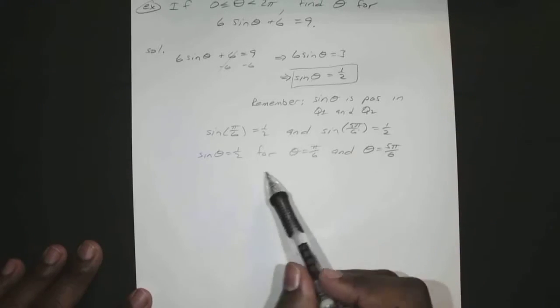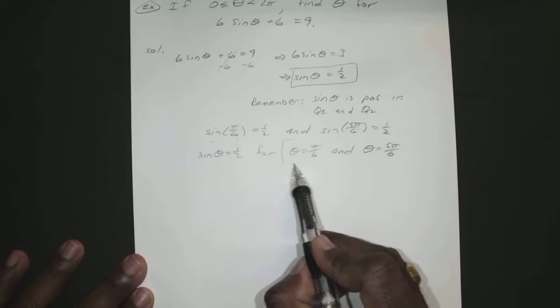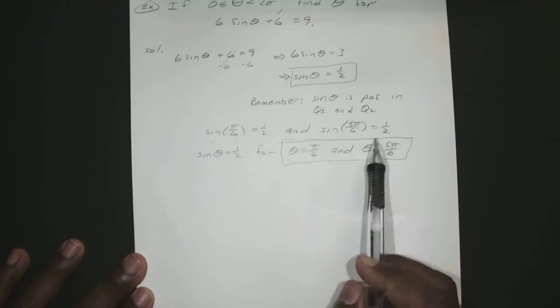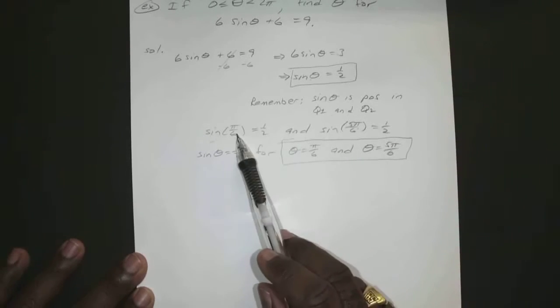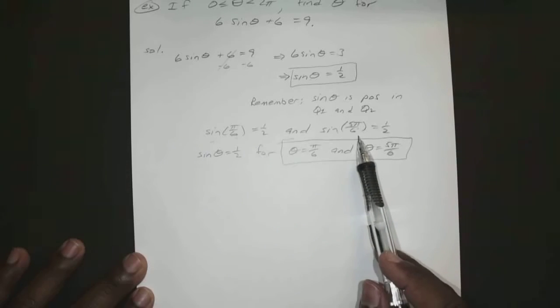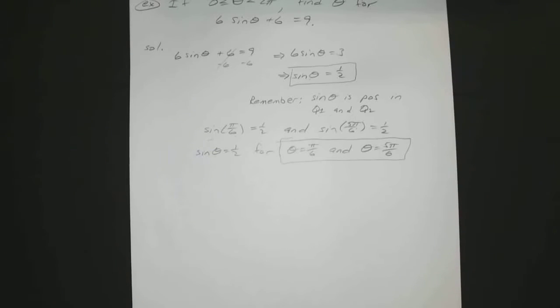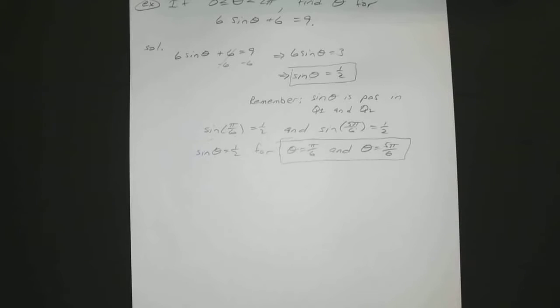Now remember, once you find that theta of pi over 6 gives 1/2, once you go to quadrant 2, you have to use your reference angle, which is pi minus theta, so it'll be pi minus pi over 6, which gives you 5 pi over 6.